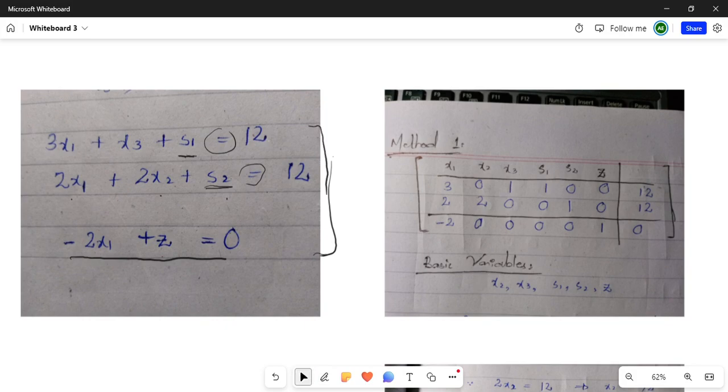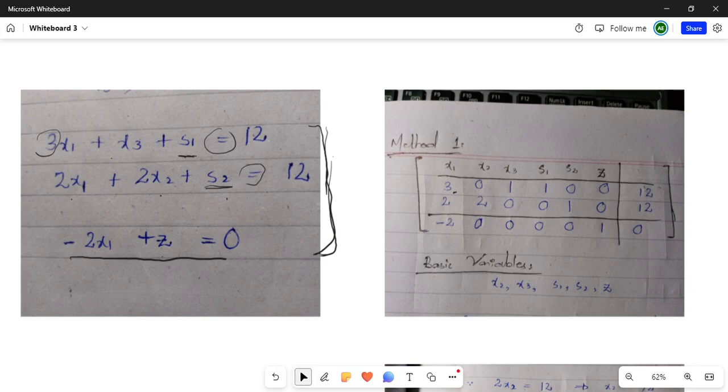There are further two methods in the simplex method to get the solution. We will see the first method first. Let's form a matrix from these three equations. How we will form a matrix is that we will use the coefficients. Let's say x1 has a coefficient of 3, therefore we will write 3 below x1 in the first row, and x3 has a coefficient of 1, so we will write 1.